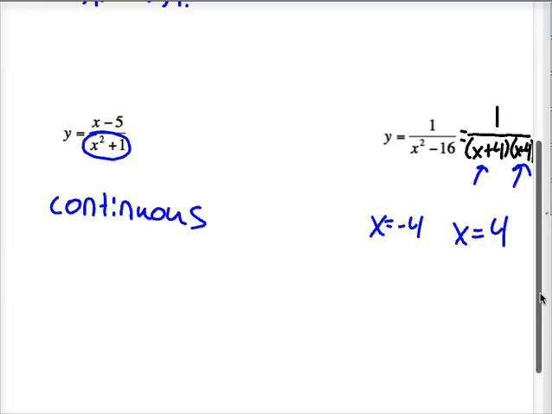So, because neither one of my points of discontinuity cancels out, both are going to be vertical asymptotes. So again, that's the focus of today: can you determine the points of discontinuity? What x values are they at, and what type are they?